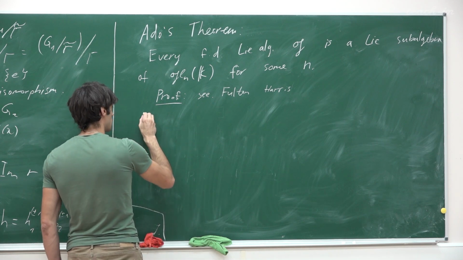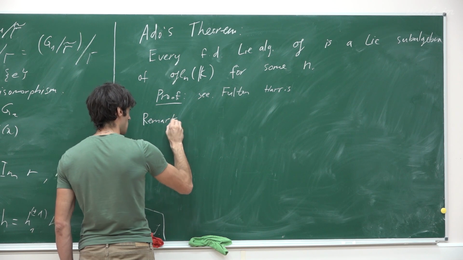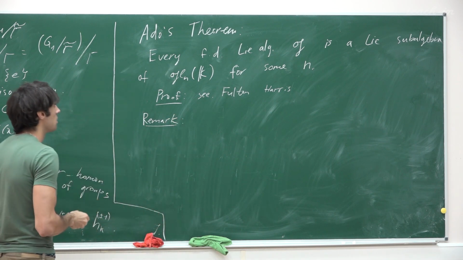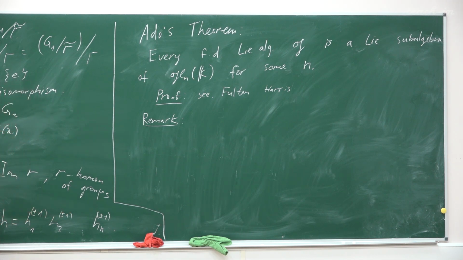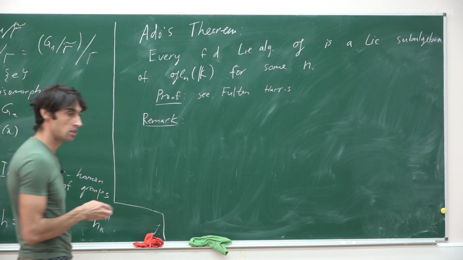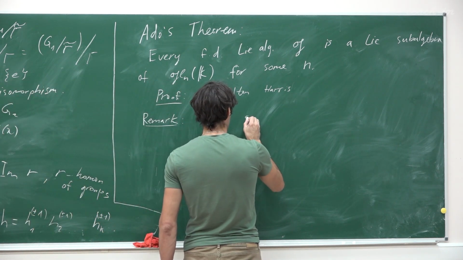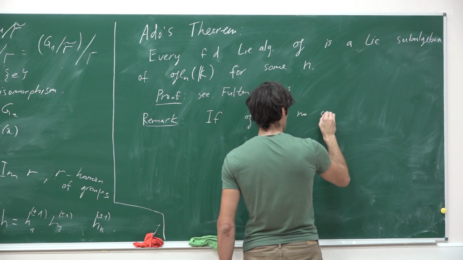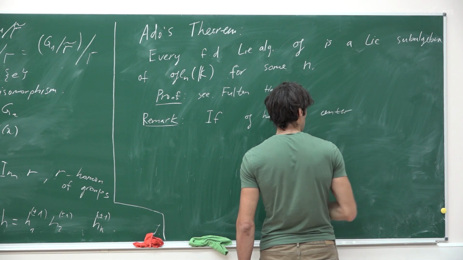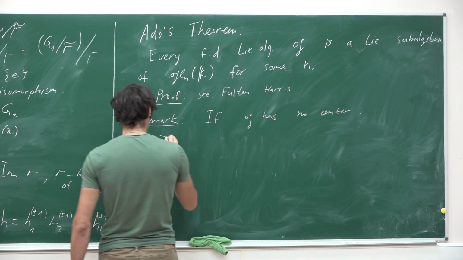Okay. We would rather just mention, let me put it as a remark, that Ado's theorem is clear for Lie algebras without center. So if g has no center, what does it mean?